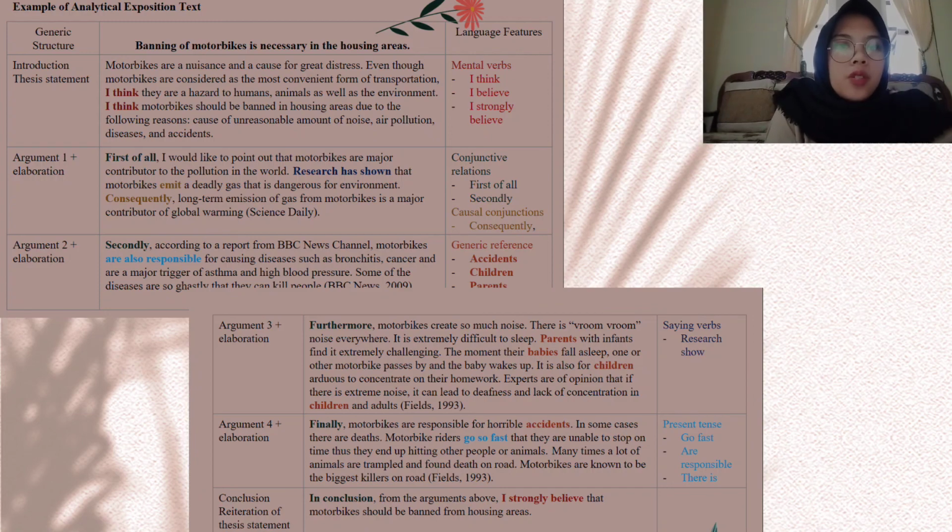So some language features are used in this text. For example, the mental verbs. There is I think, I strongly believe in the last paragraph, and the conjunction relations such as first of all, secondly, furthermore, finally, in conclusion, and causal conjunctions such as consequently, and the saying verbs such as research shows, and the use of present tense such as motorbike riders go so fast.